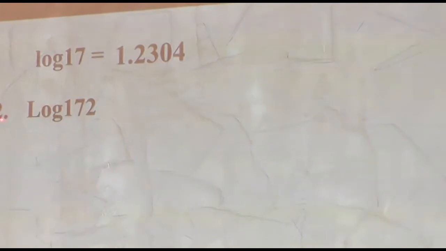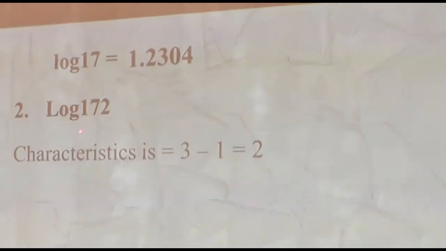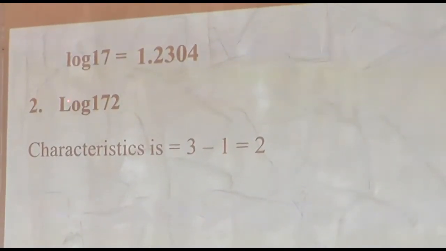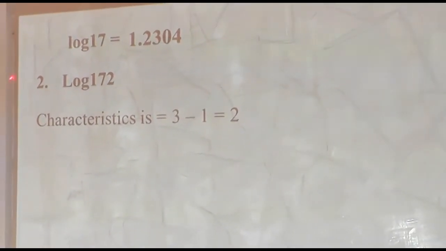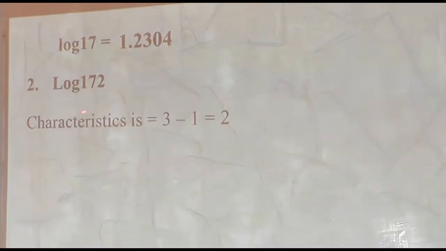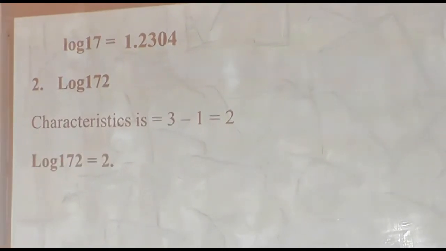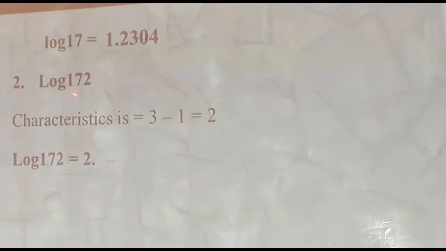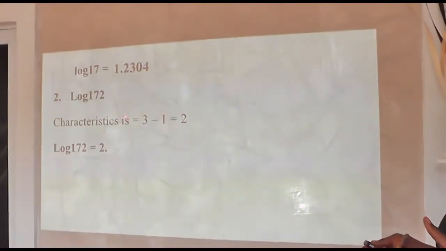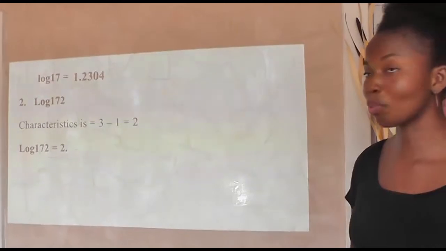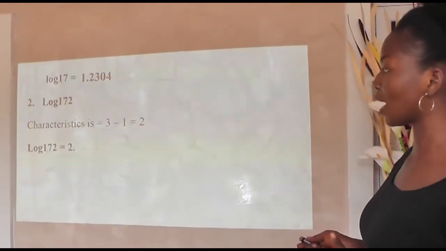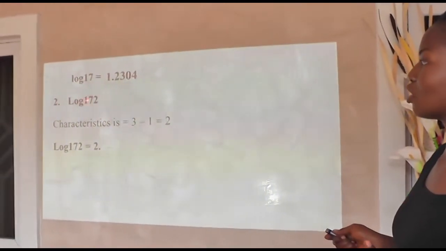Okay, let's proceed to an example. We have to find log 172. Here we have 3 digits. Now we said in finding logarithm there are always 2 parts, the characteristics part and the decimal part, which is also known as the mantissa.